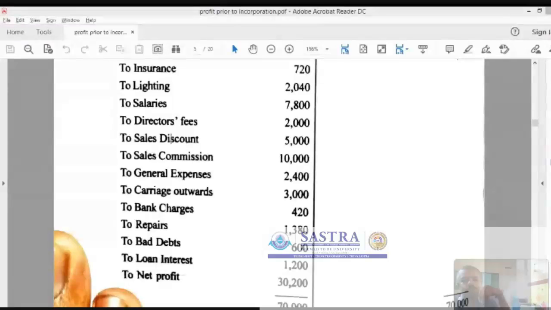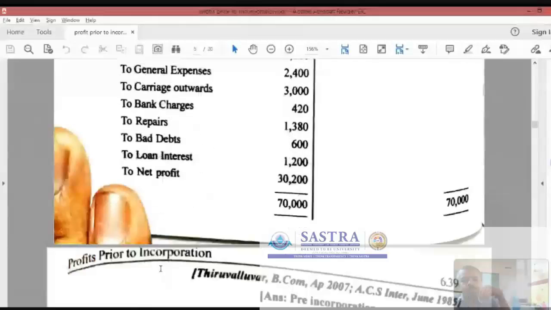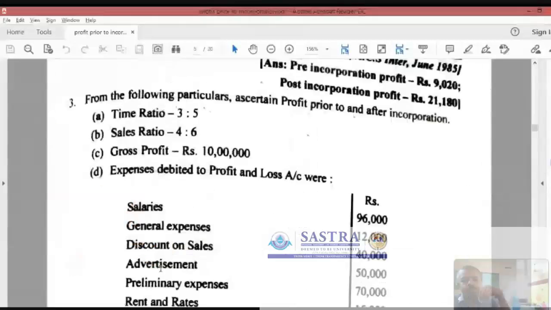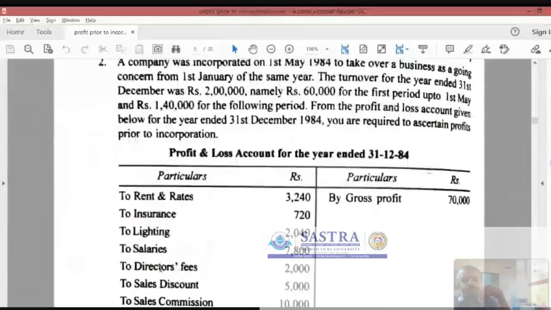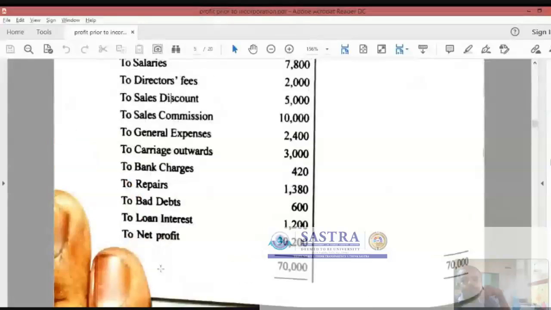Now there is no additional information. Since there is no additional information, we can directly go to the sum. In this sum, gross profit is given, net profit is given. We are not going to find out any new information. Do you understand? We need to identify how much is pre-incorporation profit and how much is post-incorporation profit. That alone we are going to find out.